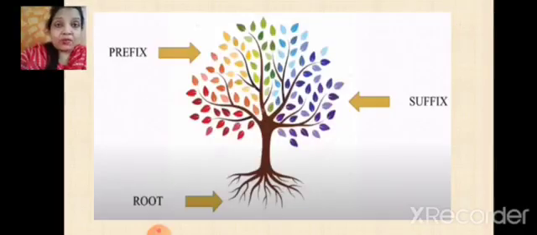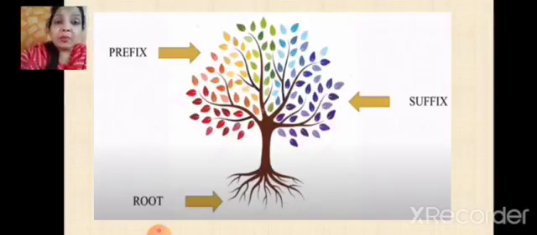To the bottom of the tree we have root, to the left hand side of the tree we have prefix, and to the right hand side of the tree we have suffix. I repeat once again, to the bottom of the tree we have root, to the left hand side we have prefix, and to the right hand side we have suffix.